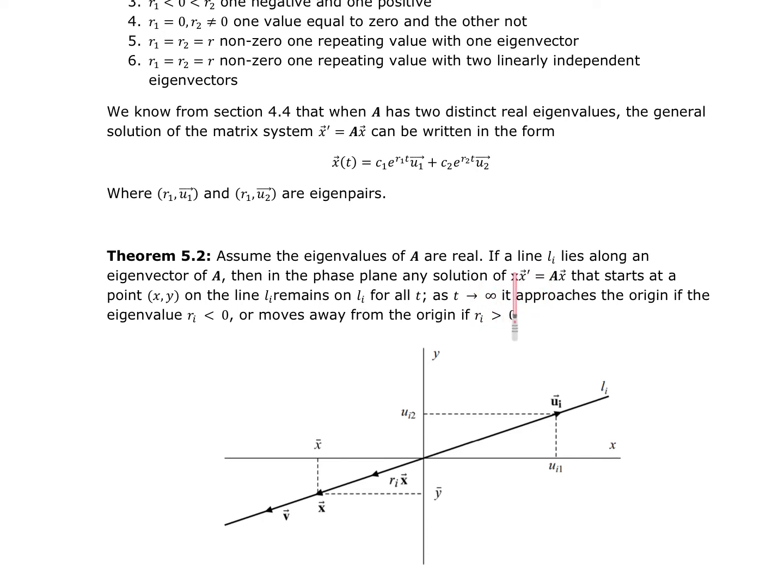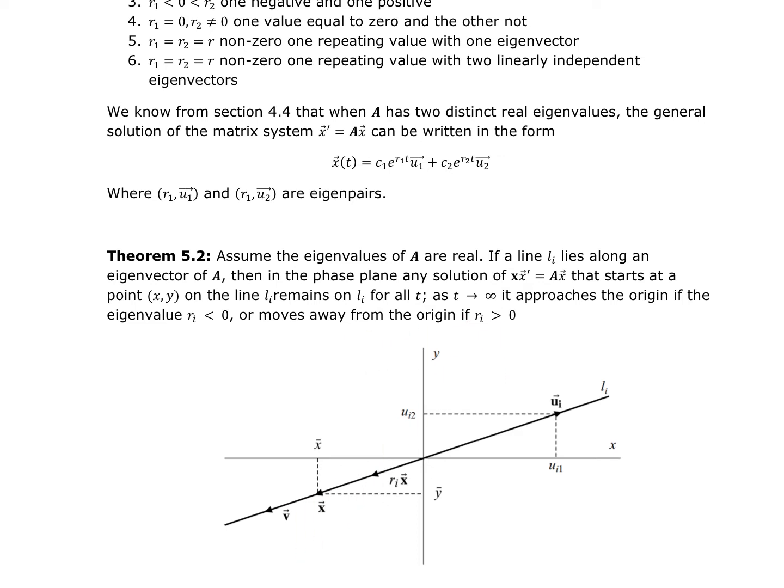If the line L lies along the eigenvector of A, then in the phase plane any solution of x prime equals A x that starts at a point x, y on the line L sub i remains on L sub i for all t. That is, as t goes to infinity, it approaches the origin if the eigenvalue r sub i is less than 0, or moves away if r sub i is greater than 0.